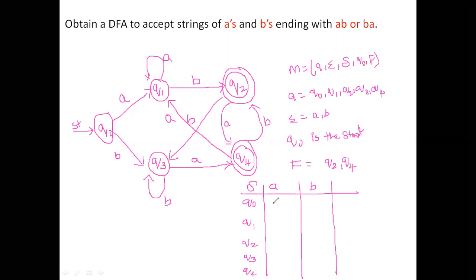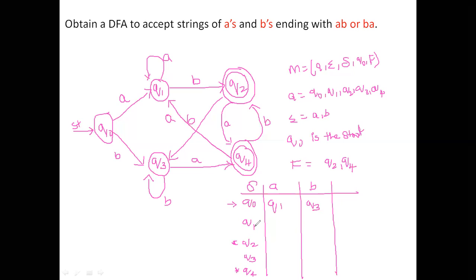Okay, so Q naught on receiving A, it will be going for Q1. Q naught on receiving B, it will be coming for Q3 exactly. Be careful about state number. So this is the start state, don't forget, and final states are Q2 and Q4.